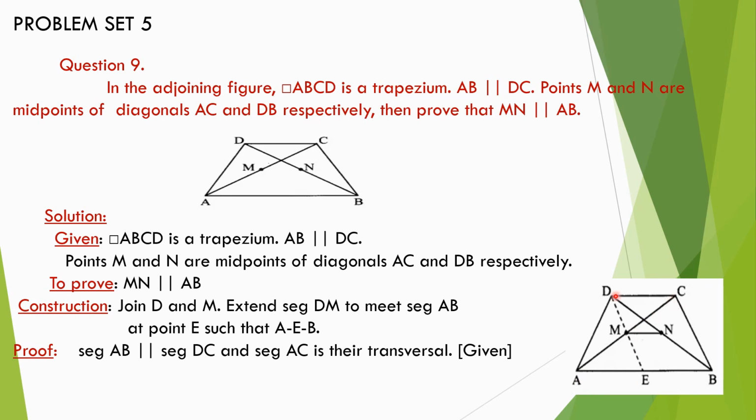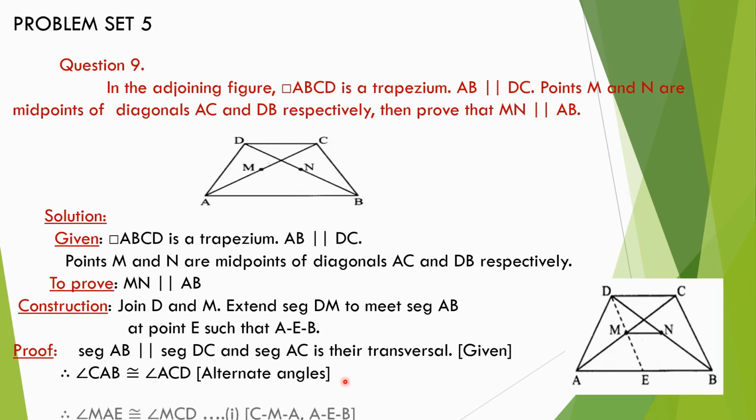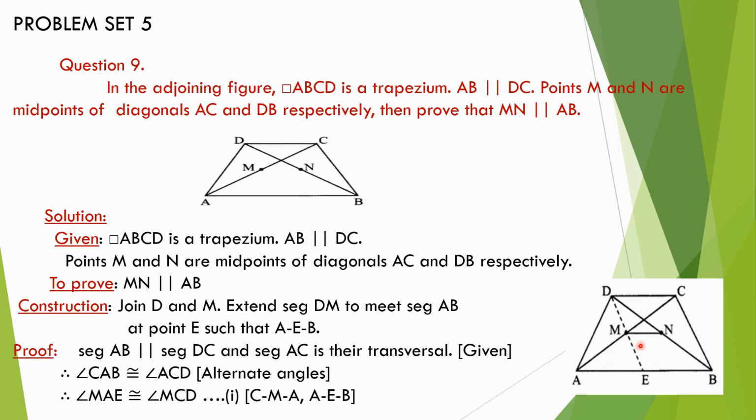Therefore, angle CAB congruent to angle ACD because alternate angles are congruent. Therefore, angle MAE congruent to angle MCD. That is the equation number 1 because C-M-A and A-E-B.